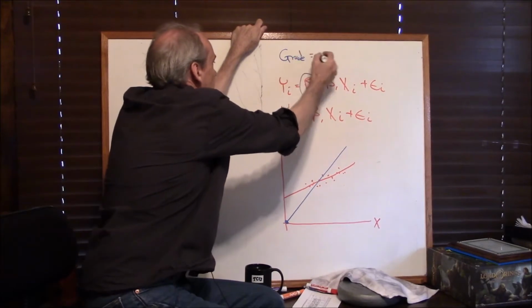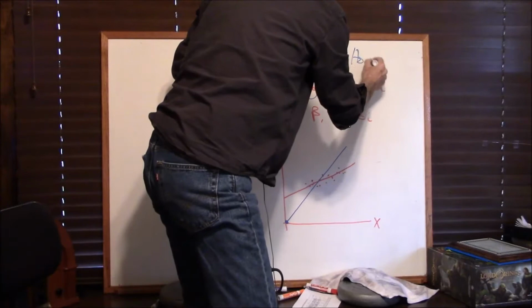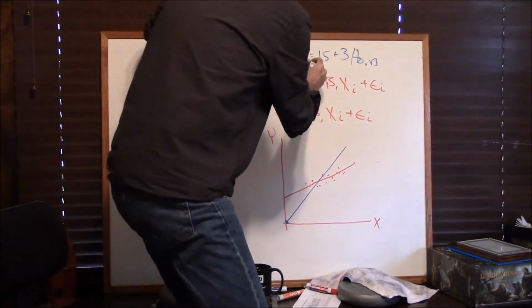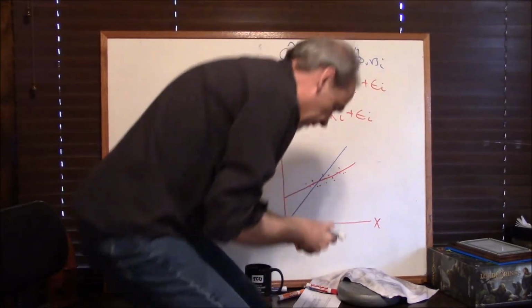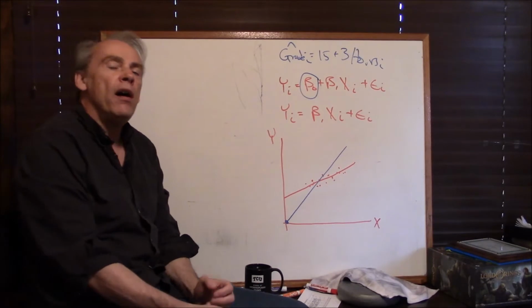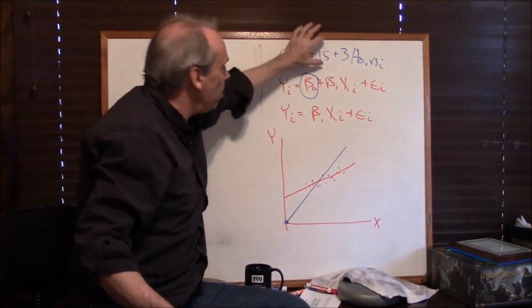Grade equals 15 plus 3 times hours. We'll make this our estimated regression equation, sub i. It sure would be nice if we could think to ourselves, for every 1 hour of study, a student makes 3 points higher, plus 15.